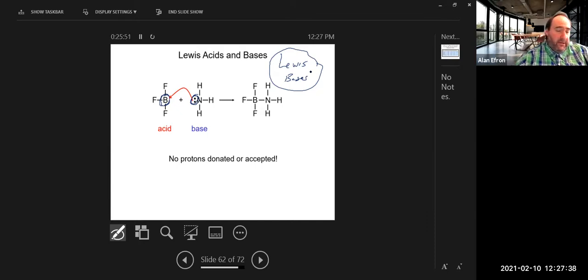These are all good Lewis bases. H2O is also a good one. If you look at water, it's got those non-bonding electrons, it's polar, and it makes it a good Lewis base as well. So we'll definitely see Lewis bases pop up a lot, especially when we get into complex ions and coordination complexes a little bit later on in the semester.